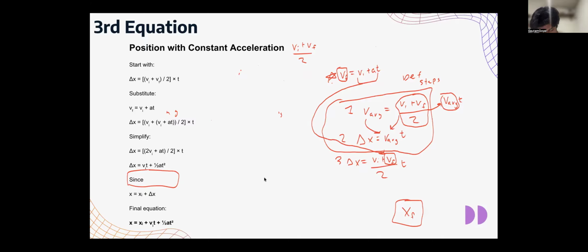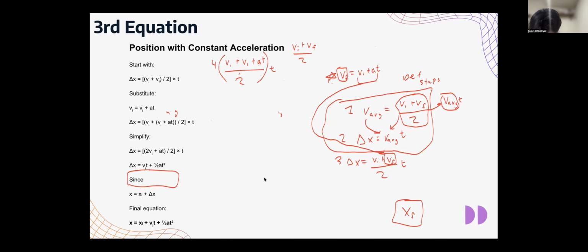Okie dokie. Okay, so you can understand step 3 though, right? So I'm just going to label this step 4. Sorry, so I'm going from here to here, right? I needed more space, so I'm not going to keep going down. We're plugging in the VF to get VI plus VI plus aT over 2 times T, correct?